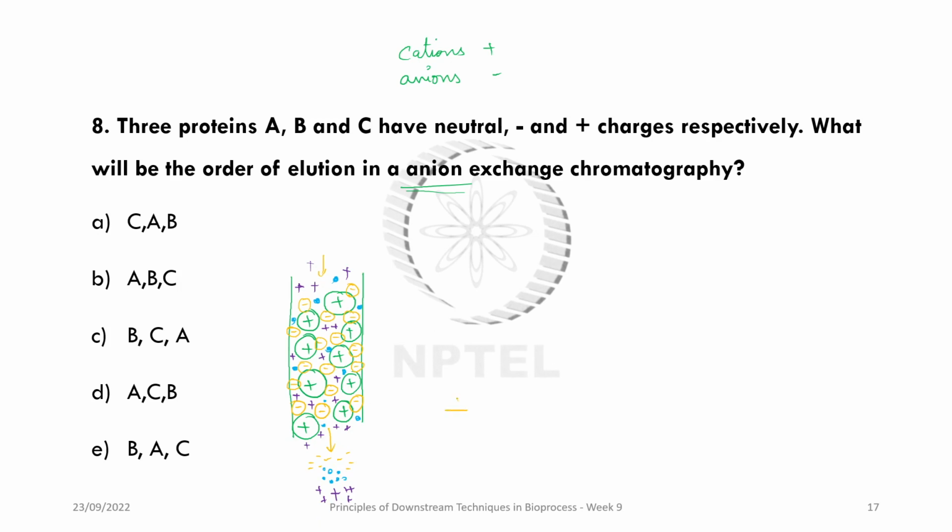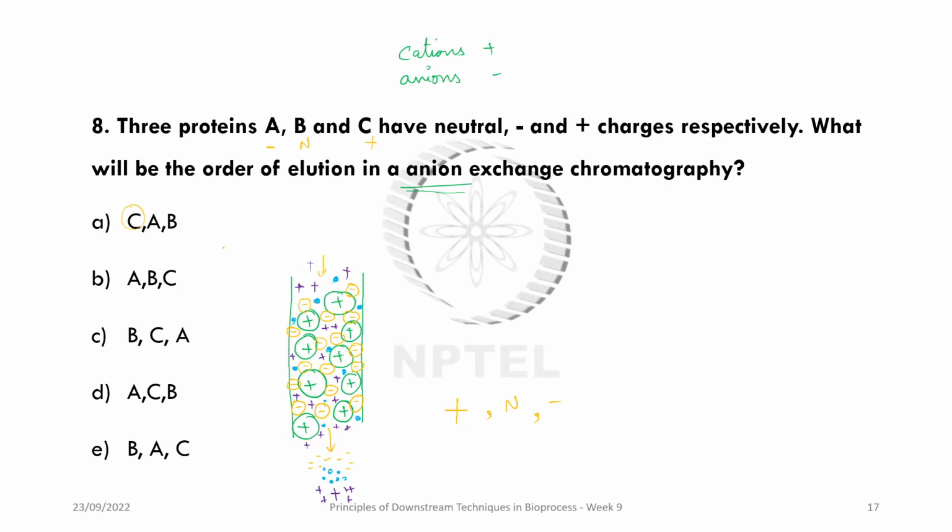So we have one thing clear: positive followed by neutral followed by negative. So what is what here? A, B, and C. C is positive, B is neutral, A is negative. So what will be the order of elution? First, the positives are going to come out. So whichever has C first is the shortlisted option, only one here, followed by neutral. What will be the order of elution in anion exchange?